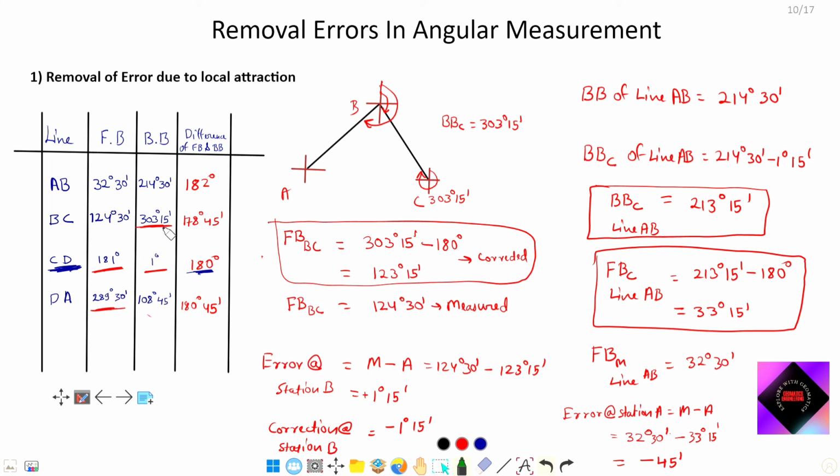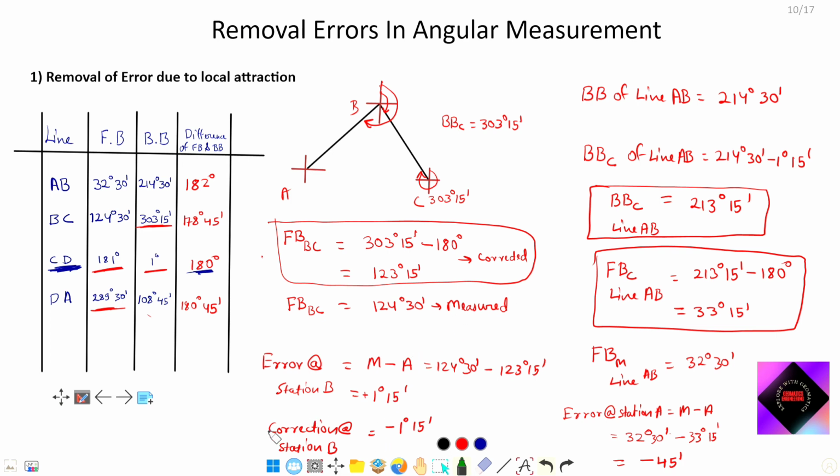For example, back bearing of BC is correct, forward bearing of BC is calculated using back bearing of BC. Then using forward bearing of BC, we have calculated how much error at the station is available. Then correction at the station should be applied.